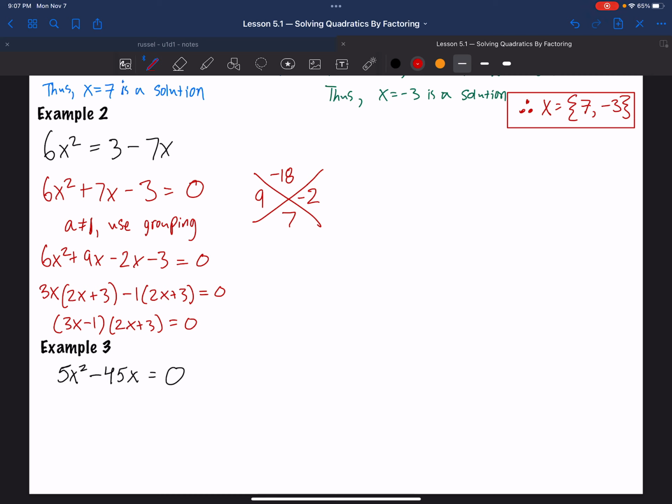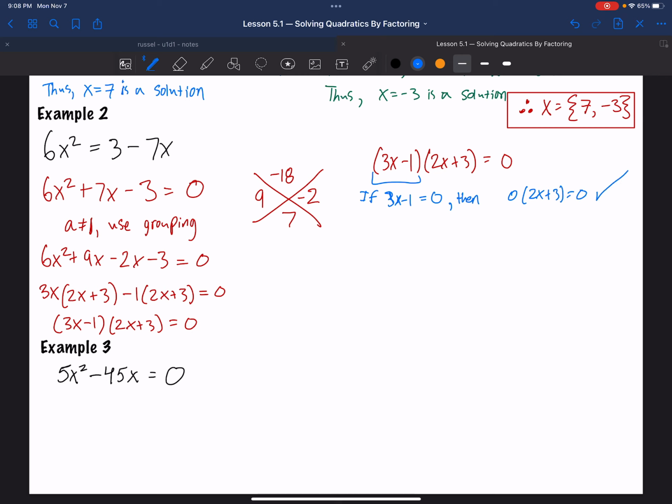So now that it's in factored form, I say 3x minus 1, 2x plus 3 equals 0. We're going to do two things. If 3x minus 1 equals 0, then 0 times 2x plus 3 equals 0.